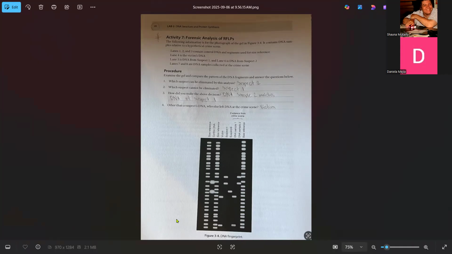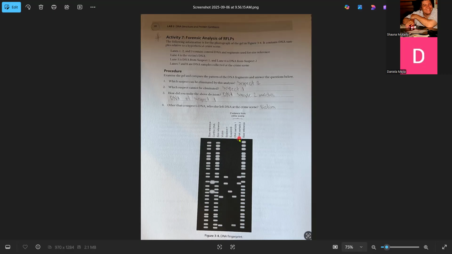Let me use the pointer here. We have our control strand of DNA, our other size reference, our victim strand, suspect number 1's DNA sample, 2, and the size reference of what we're talking about.